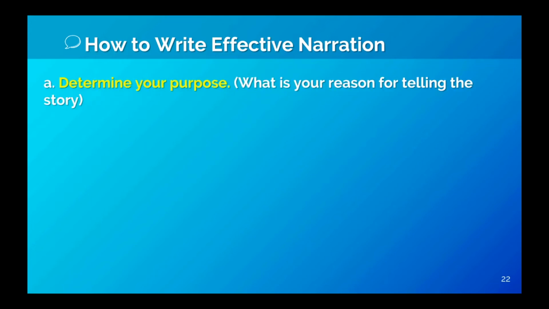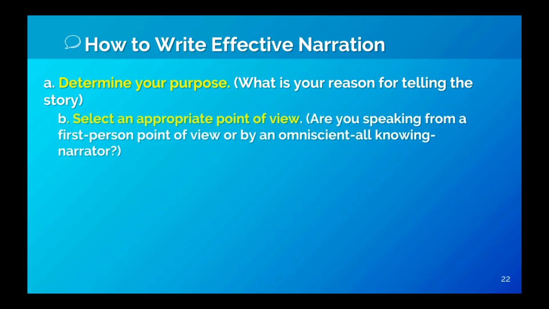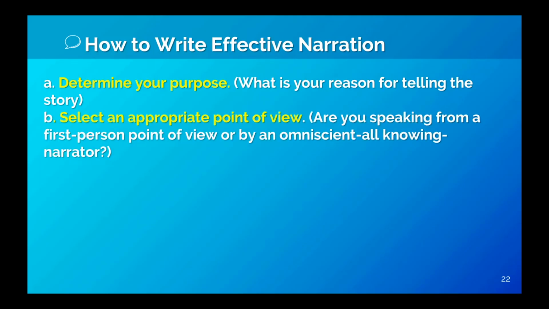First, determine your purpose. What is your purpose? What is your reason for telling this story? Is it important that you tell a story about this topic or not? Second, select an appropriate point of view. The point of view is about how you tell the story. Are you speaking from the first person point of view? Meaning, are you telling it by yourself?